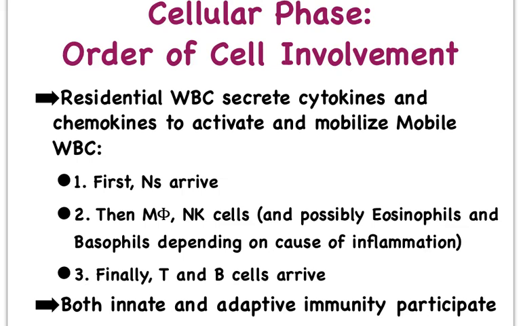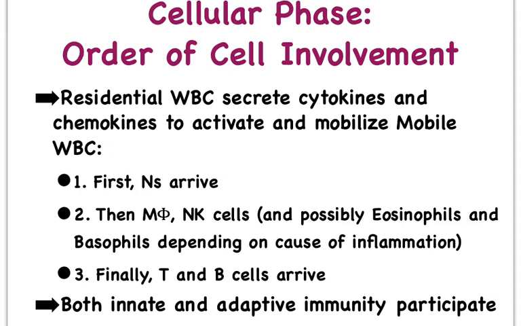So once that vascular phase has kicked in, the cellular phase can get going as well. And there's a particular order in which the cells are going to arrive and then become activated. First, of course, it makes sense that it is the residential white blood cells that are going to encounter the pathogen or the irritant, or are going to recognize the damaged tissue.